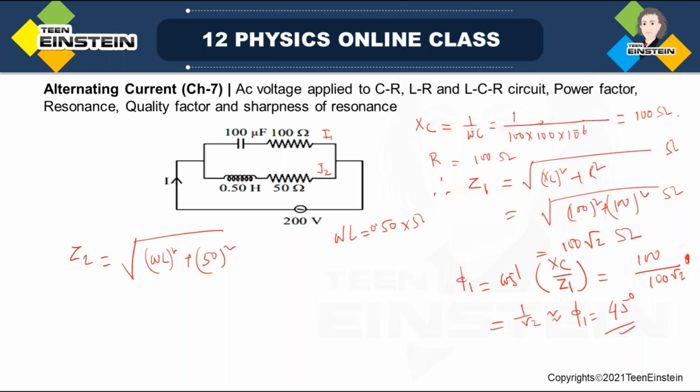L is 50. X is equal to omega into L. Let me just see once again. Omega value, oh, 100. All right, omega is 100, so that's fine.